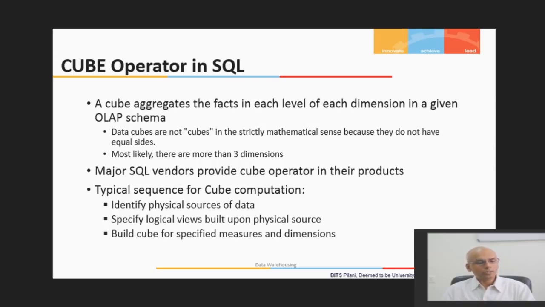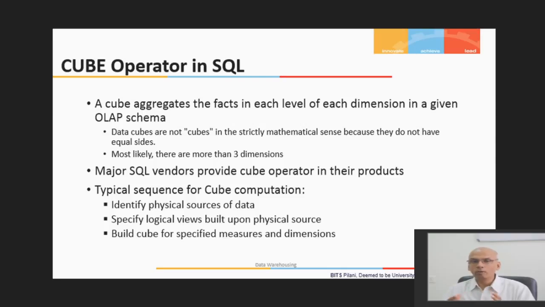And the major SQL vendors today provide the cube operations. The way the cube operation works in most of these vendors is that to do a cube computation, first you need to identify the sources of data on which you do the computation, and then you need to build the logical views, because your dimensions or facts may not come from a single physical table.